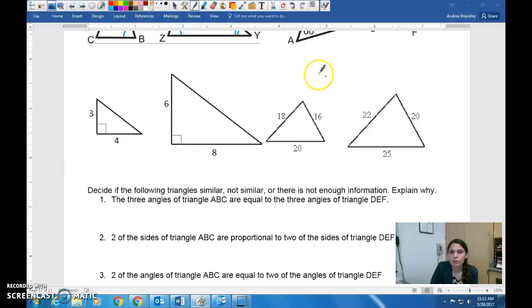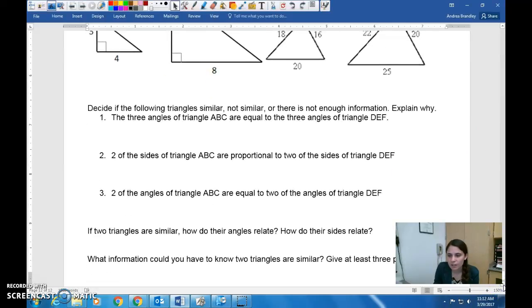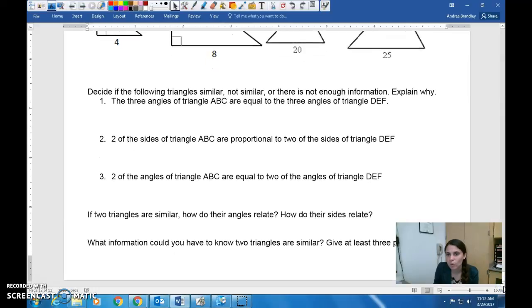So then we're just going to go through a couple of questions to make sure we understand what we need to know for triangles to be similar. So decide if the following triangles are similar, not similar, or there is not enough information, and explain why. So the first one is the 3 angles of triangle ABC are equal to the 3 angles of triangle DEF.